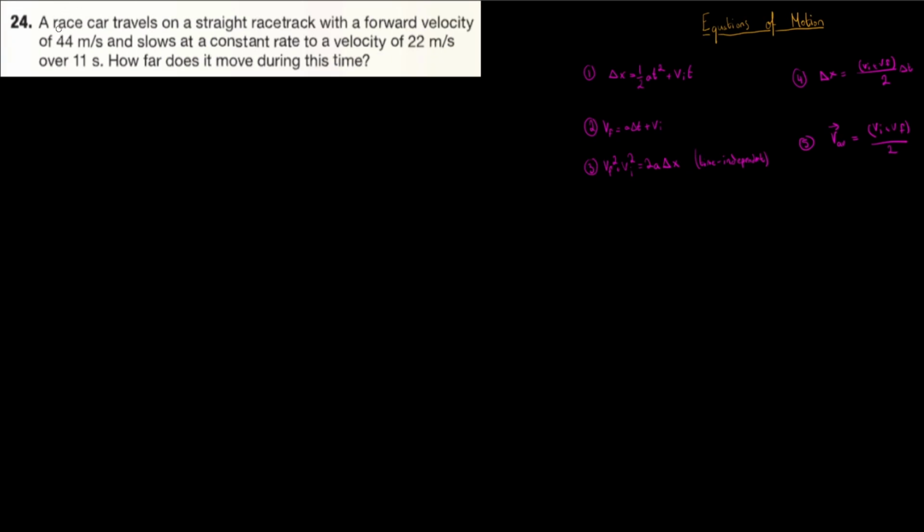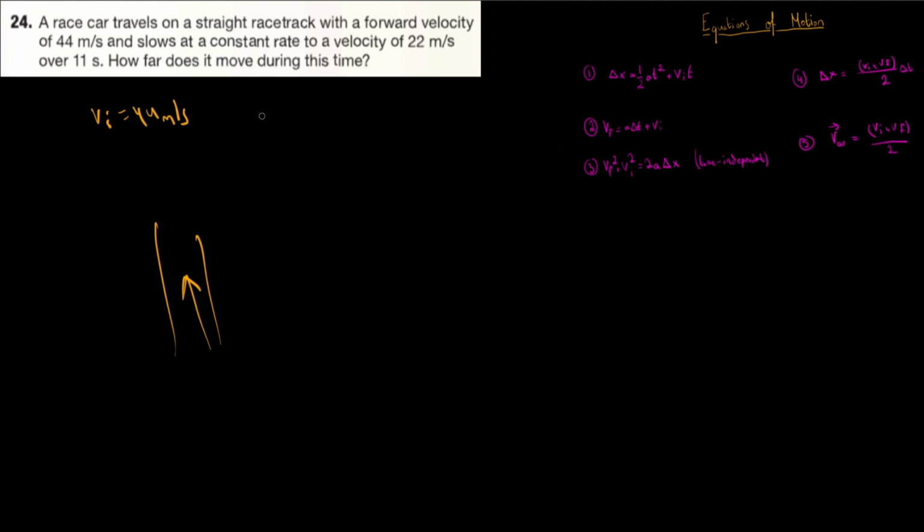So here we have a race car that travels on a straight racetrack. So it's moving on a straight track with an initial forward velocity equal to 44 meters per second. It slows at a constant rate to a velocity of 22 meters per second over 11 seconds. So it slows down, meaning that acceleration here is negative.